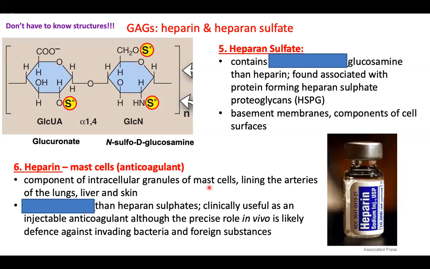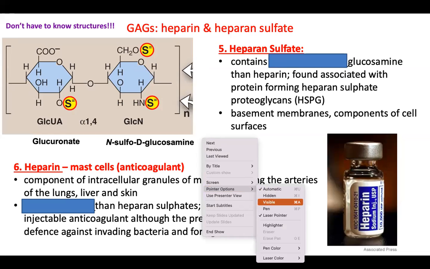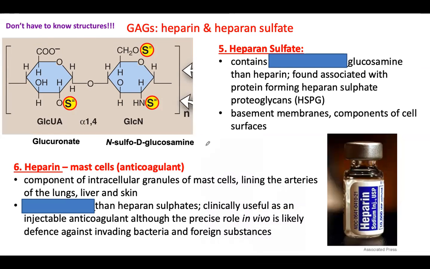Right? So inside of my mast cells, if you imagine a mast cell, let me draw it. So imagine a mast cell over here. This is an immune cell, and there's going to be a bunch of stuff within it. One of the things that's inside of a mast cell is heparin.